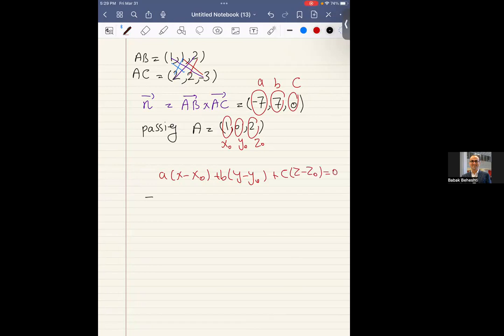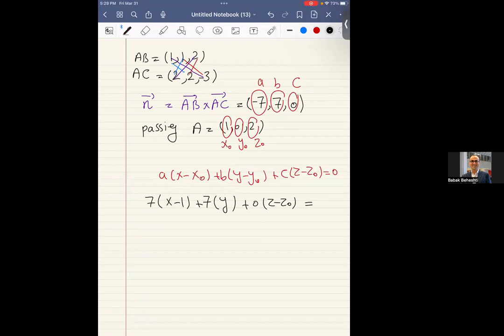So it is minus 7 times x minus 1 plus 7 times y minus y0, y0 is 0, plus C, which is 0, that's it. Because it's 0, actually you don't need it, but I just write it.